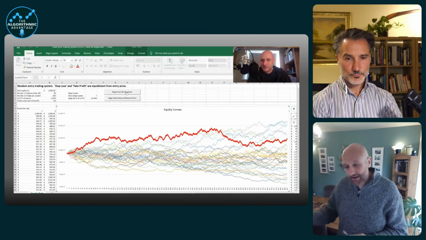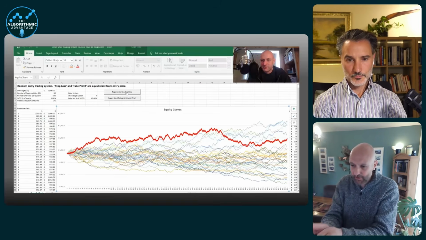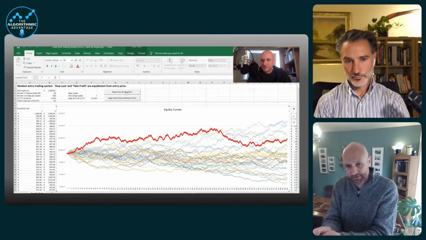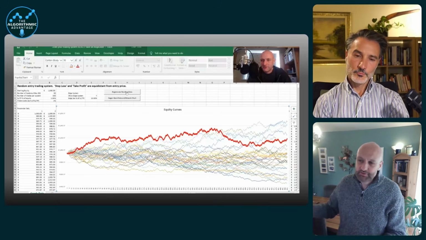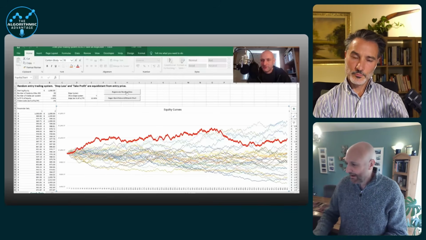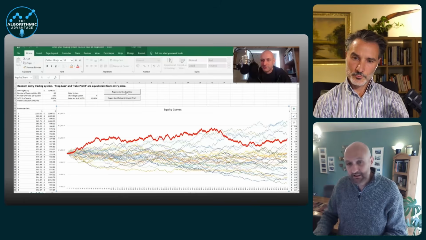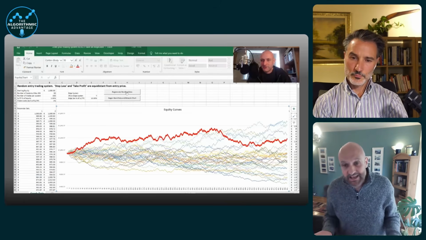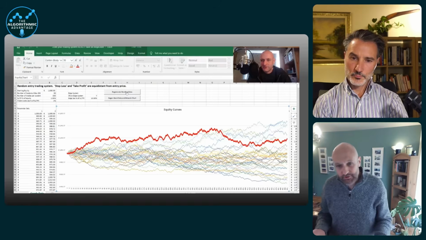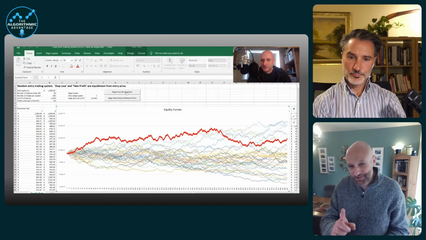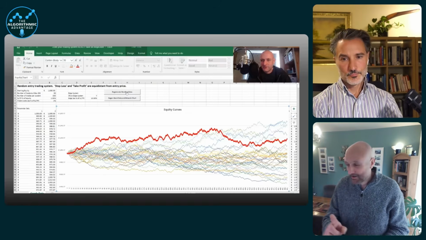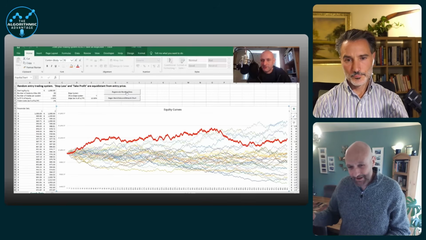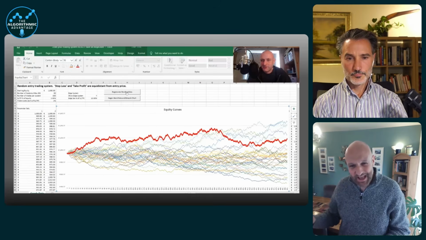If you look at the right-hand side of the chart, they all start out at the same point with the same amount of equity. You then run through all of these permutations, and the red line that has the edge is overall profitable, but, and this is the important point, there are random strategies that performed better than the strategy that had the edge.